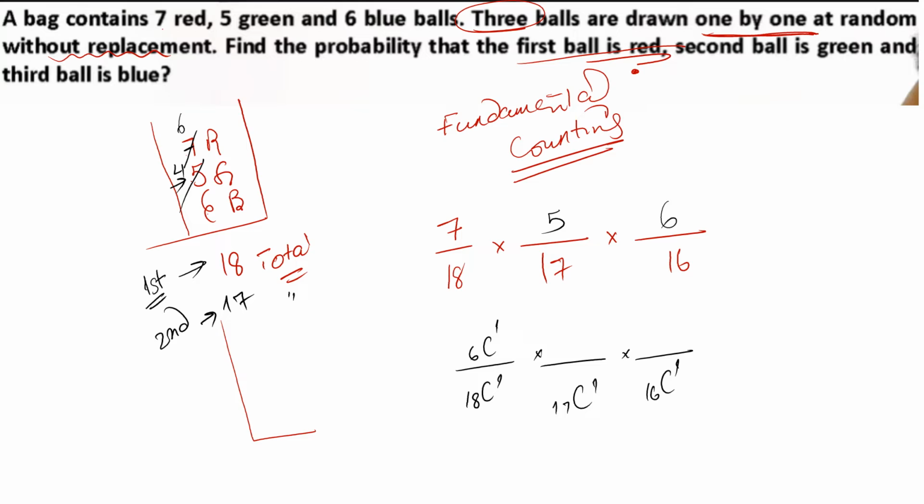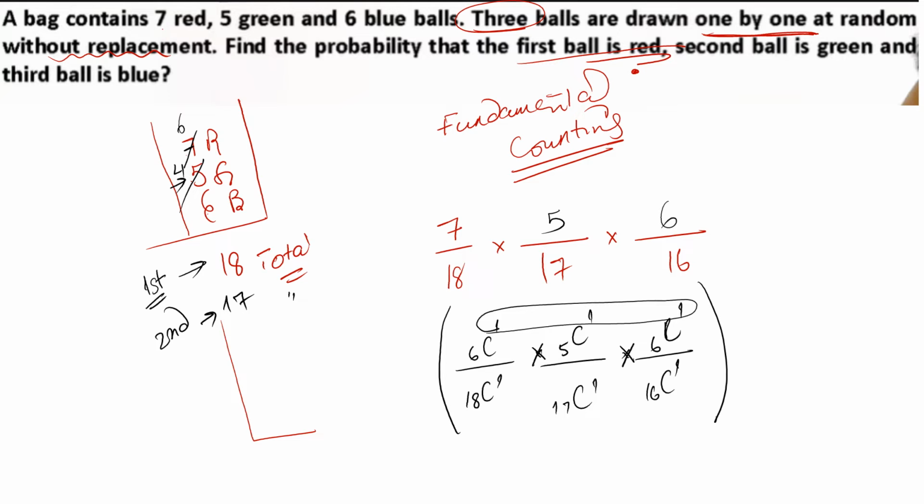In the second case, the ball has to be green, so it will be 5C1. And in the third scenario, you have to find the probability that the ball is blue, so blue is 6C1. So this is the way we will select. Since the balls are 3, the action is now completed. When the action was not completed, you put the multiply sign between them.